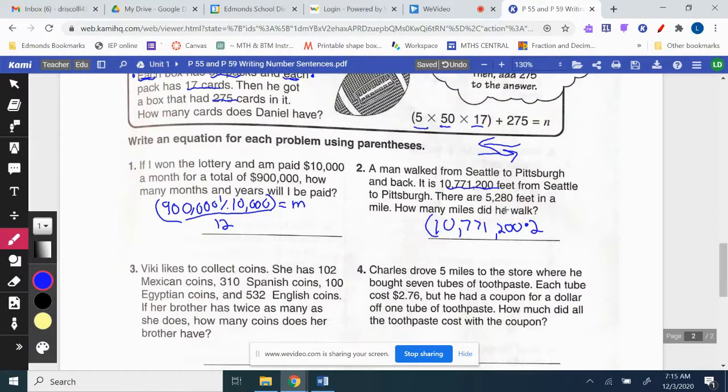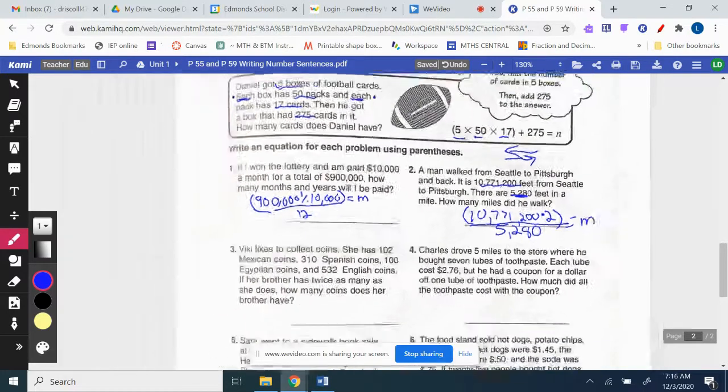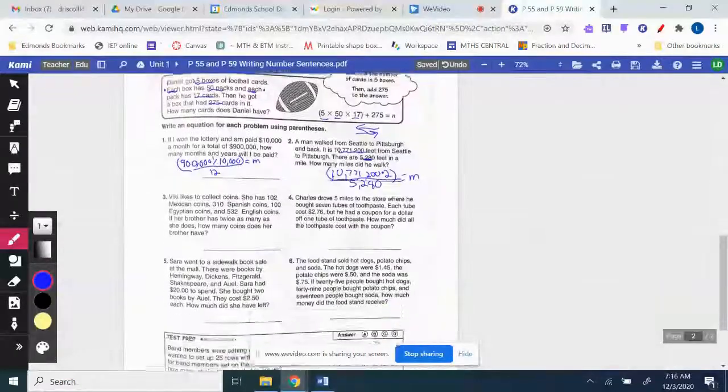And now they're telling me there are this many feet in a mile. How many miles did he walk? So m equals the number of miles. So I'm going to divide all of that by 5,280, and that's going to equal the number of miles. So please try this out for 5 and 6, and we'll be working on this in class.